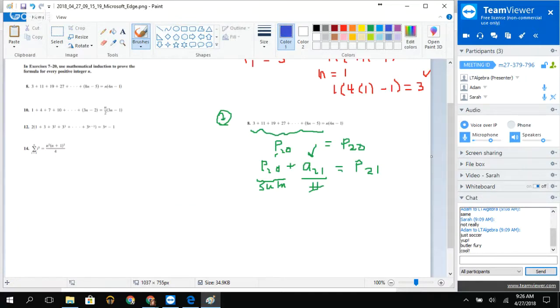All right, so if I can show that P sub k, so any number, plus the next number at k plus 1 equals P sub k plus 1, then I've shown my second step in mathematical induction. So what does that practically look like?